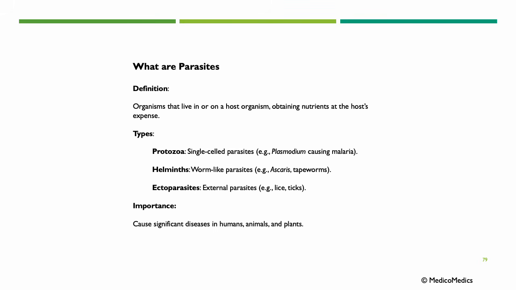Now, parasites are organisms that live in or on a host organism, obtaining nutrients at the host's expense. We have different types of parasites. We have protozoa. These are single-celled parasites, for example, Plasmodium. And why is Plasmodium interesting?